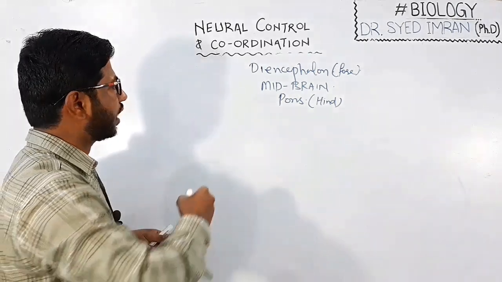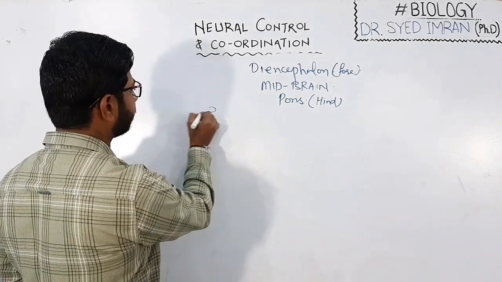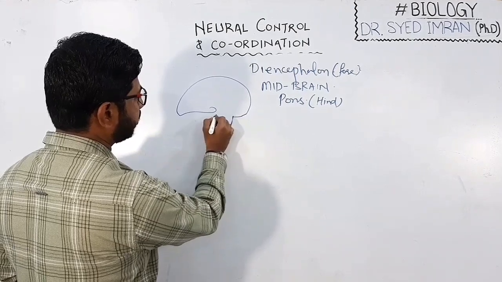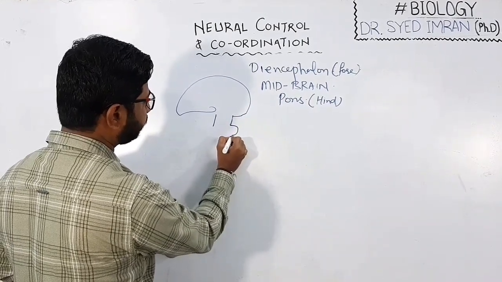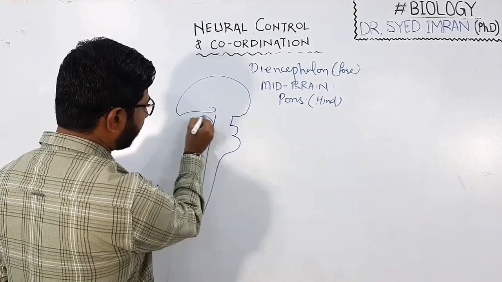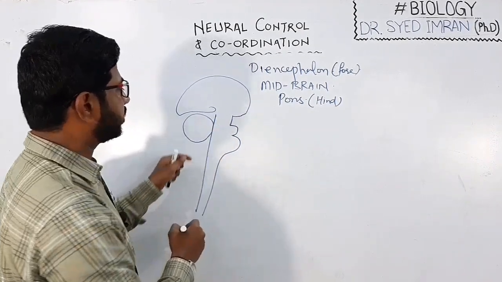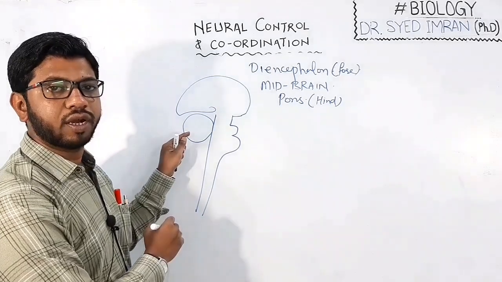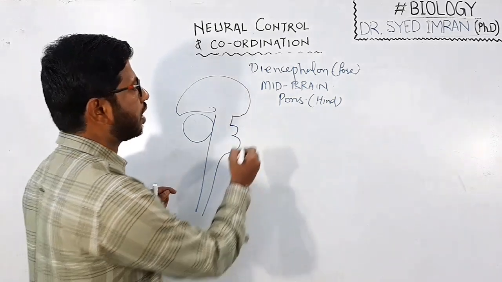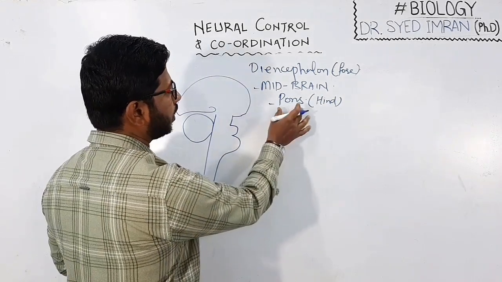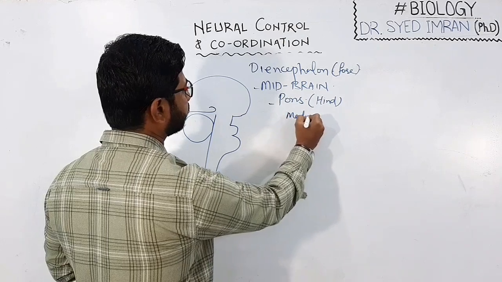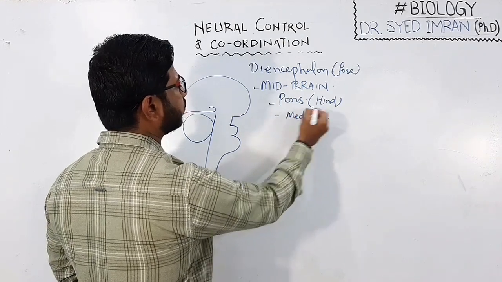Diagrammatically we can represent this like, suppose this is the cerebrum part, this is the brain stem, and this part is the cerebellum. Cerebellum is not included in the brain stem. Brain stem is made up of three parts: midbrain, pons, and below the pons, the medulla. Medulla is the second part of the hindbrain.